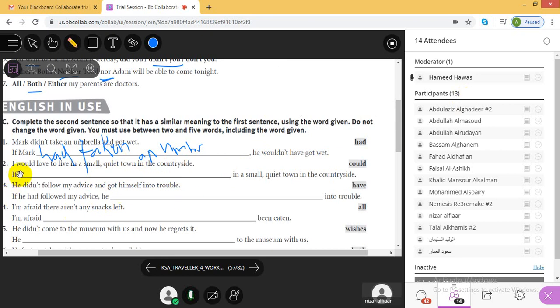So I will say, if only, to express a wish. If only I could live in a small, quiet town in the countryside. Yes, let's come to number 3.